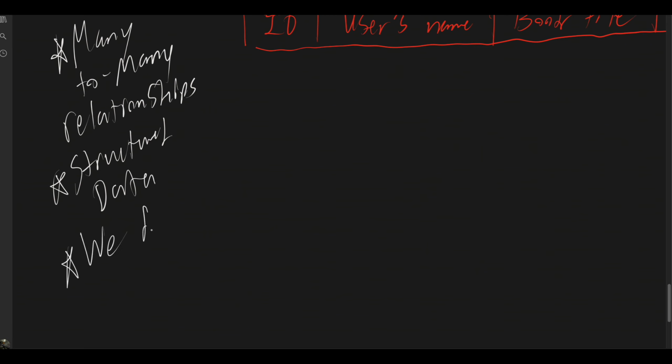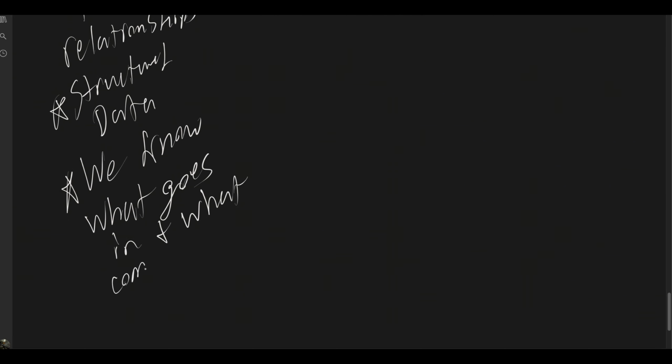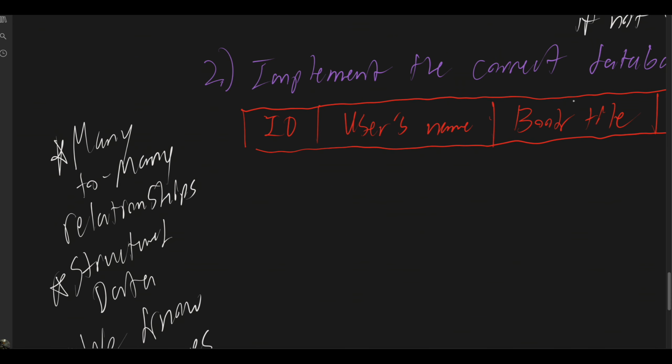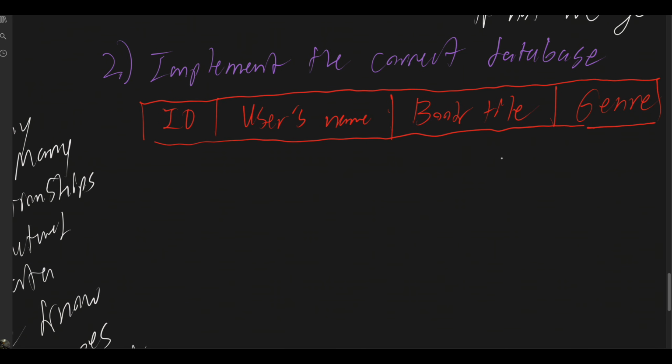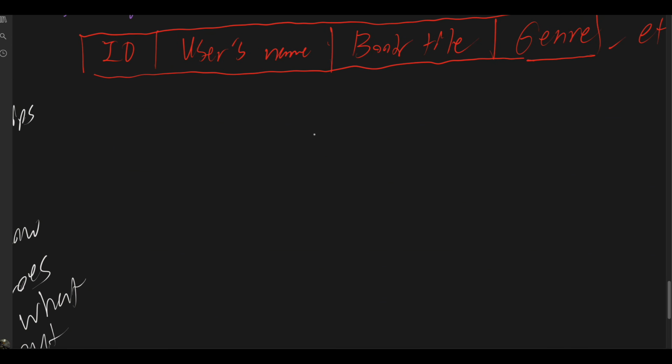We know what goes in and what comes out. We already know that we'll have a user, their name, their book title, and genre, and that can actually be associated as well.